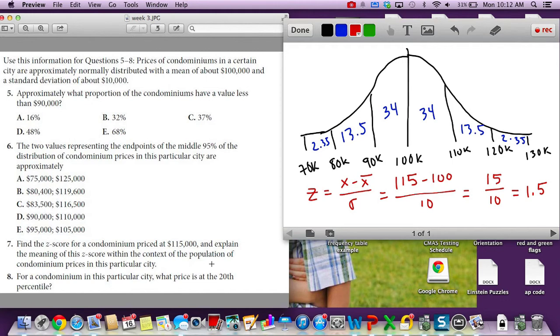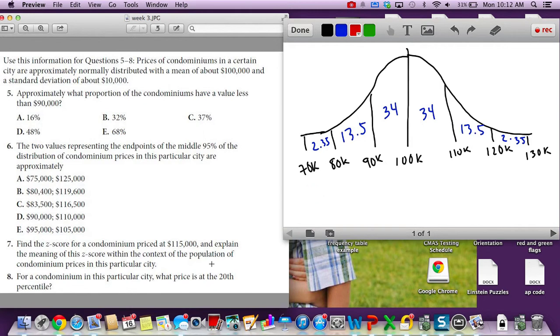Okay, number 8 then says, find a condominium in this particular city. What price is at the 20th percentile?